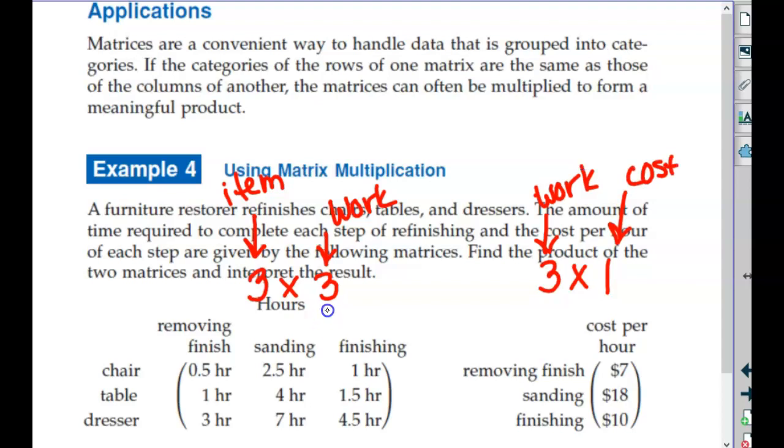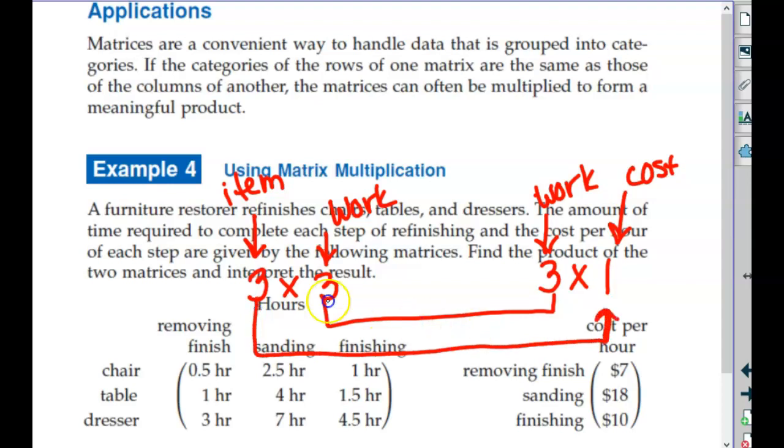So as long as these are the same, when we multiply them together, we will get each item and its total cost. Now I want you to think about that for a second, because this will make sense of what we're going to do. If I want to find the cost of a chair, how would I do that? You would multiply by the finish.